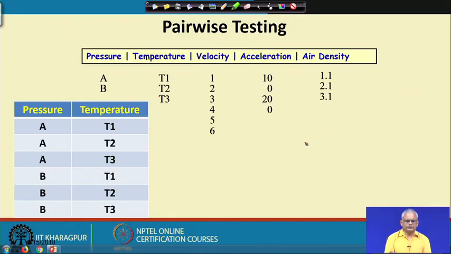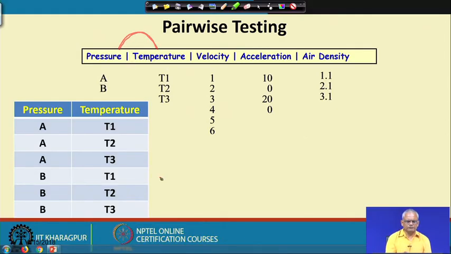Now, let us say we want to consider pairwise testing, and we need to have test cases which will have any combination between two of these inputs present. Let us consider these two, pressure and temperature.